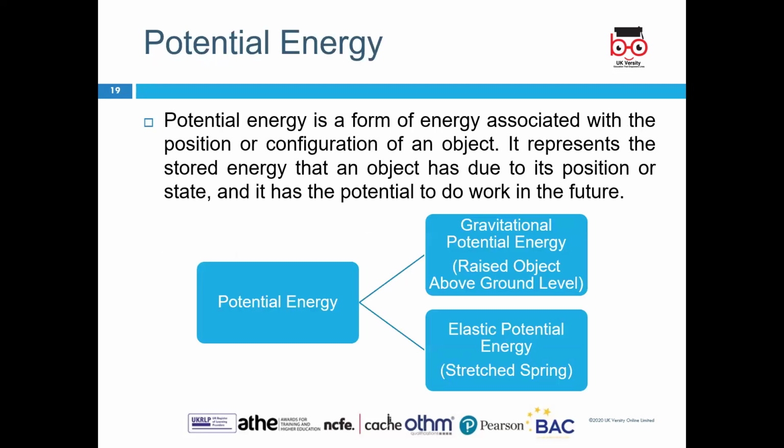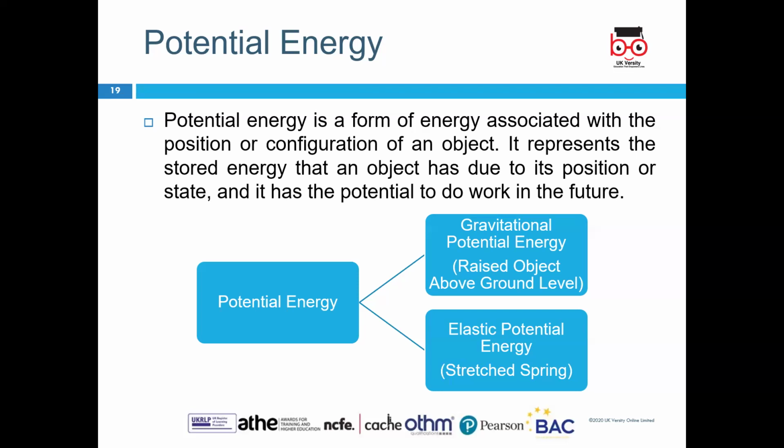So next we look into what is potential energy. Potential energy is the type of energy which is associated with the position or configuration of an object. So it represents the stored energy that an object has due to its position or state, and it has the potential to do work in the future.